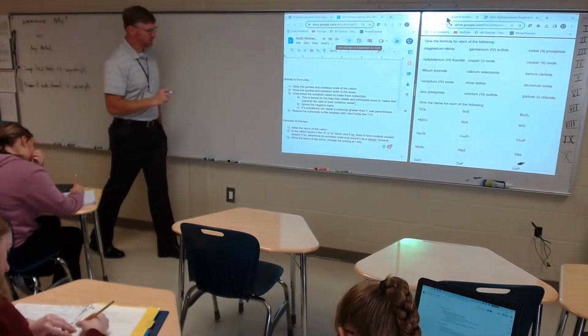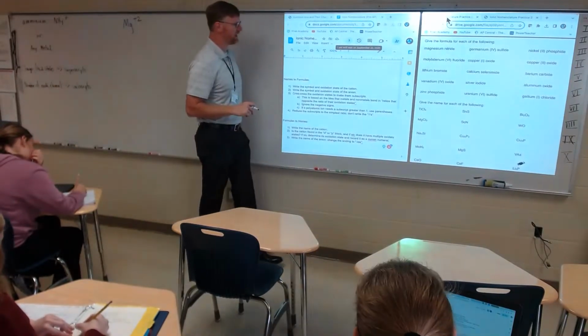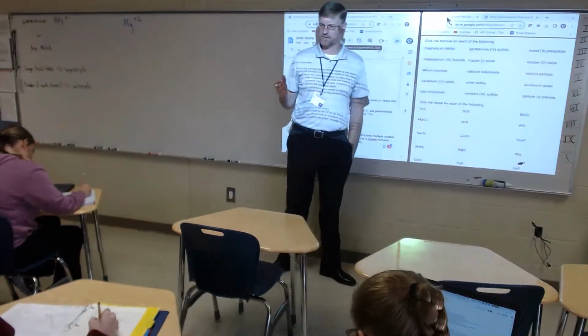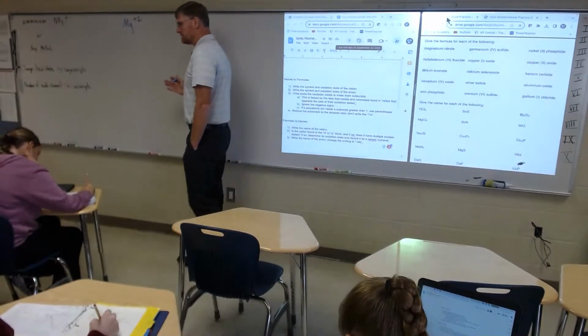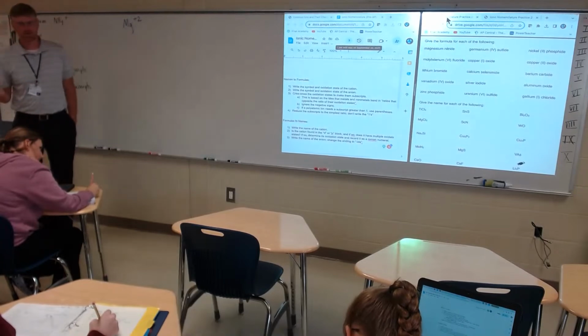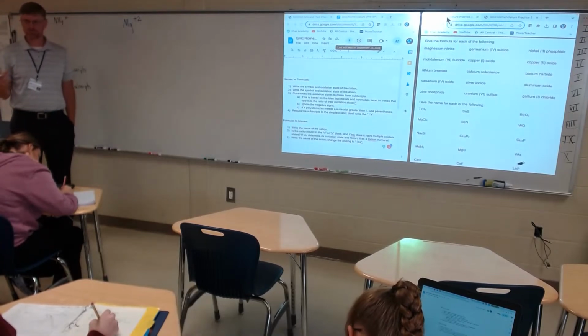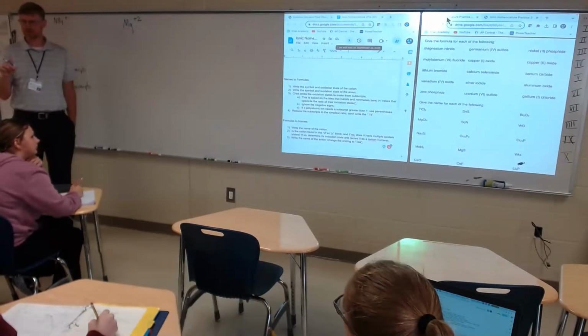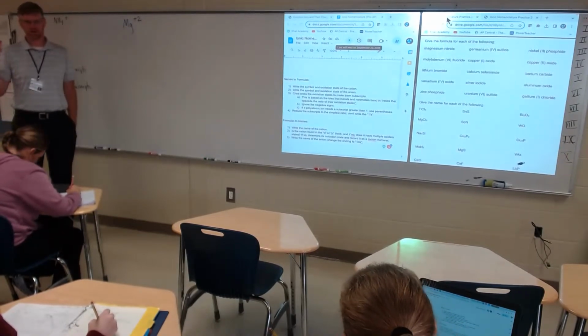Step number two, I'm going to write the symbol and oxidation state of the anion. This is nitride. Now, here's where people get confused. There is nothing on the periodic table called nitride. There is nitrogen. On your polyatomic ion list, there is nitrite and nitrate. The periodic table says nitrogen.